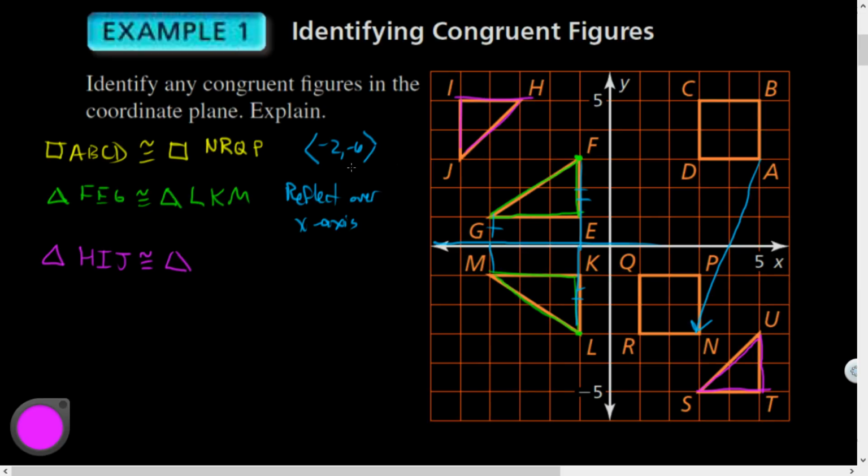So anyways, what triangle, HIJ, is congruent to HIJ? Anybody help me out here?